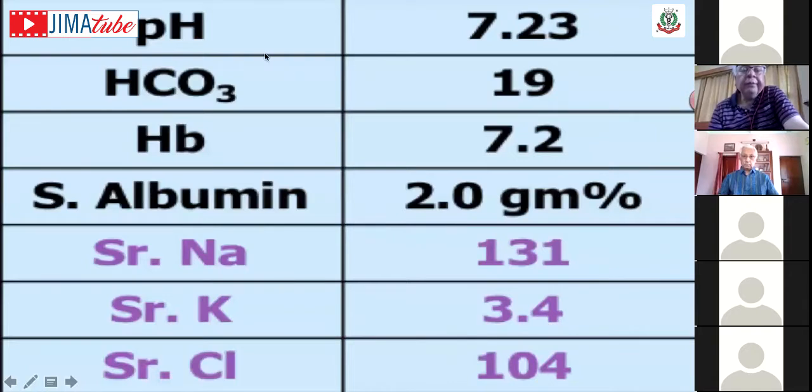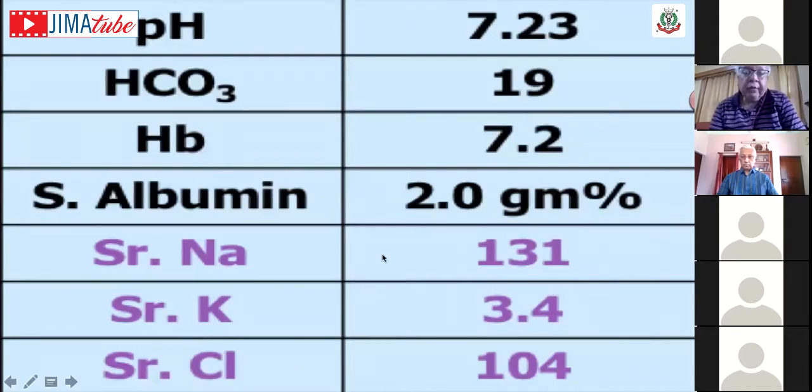Okay. High anion gap metabolic acidosis. So we got two answers. One is saying high anion gap, one is saying normal anion gap. Interesting. Okay, so it looks like there is a division of high and normal anion gap acidosis.